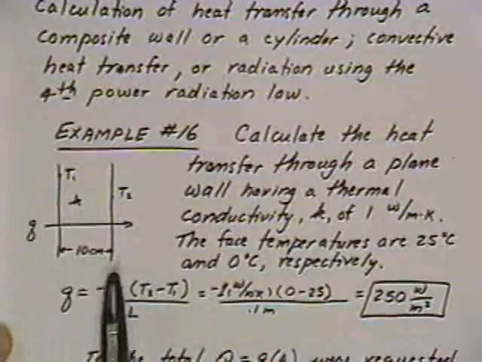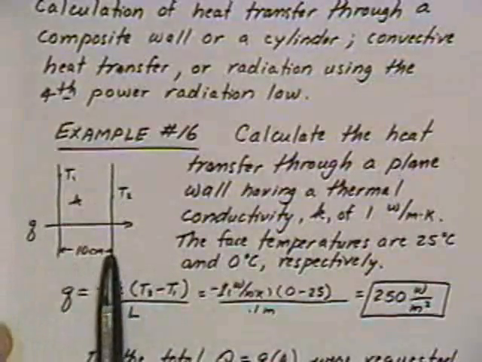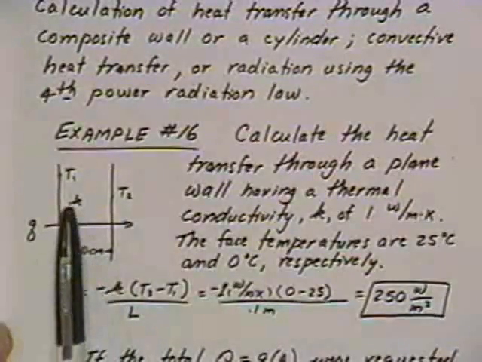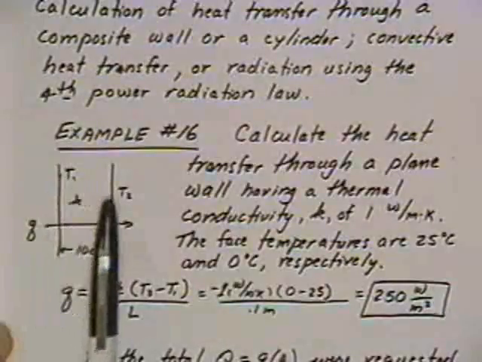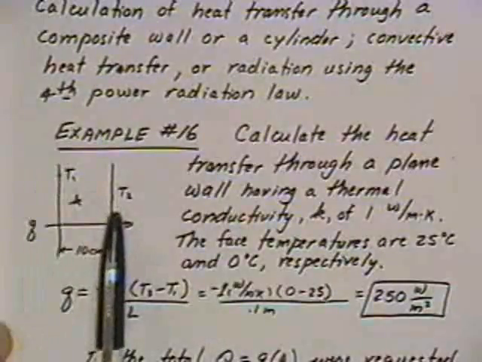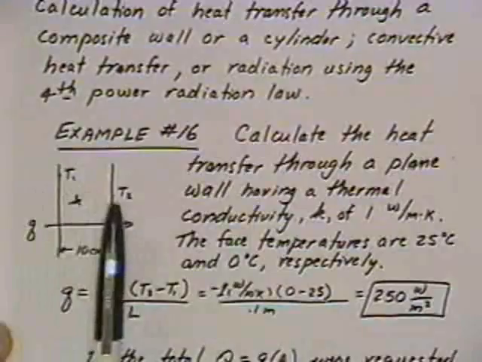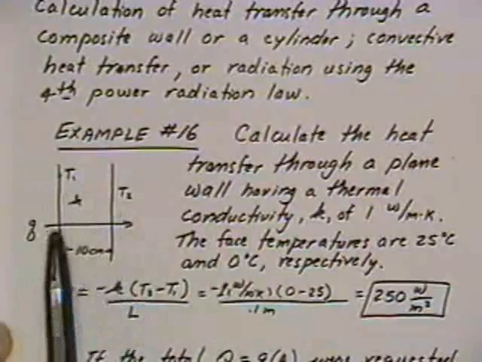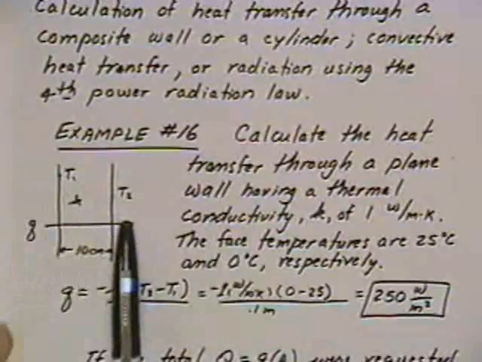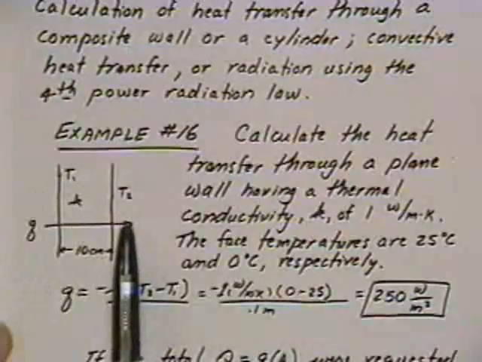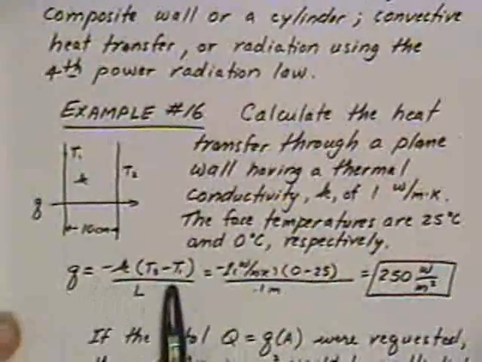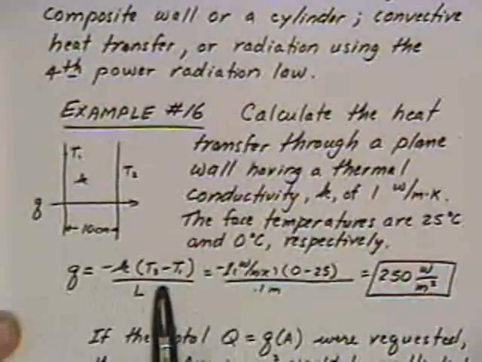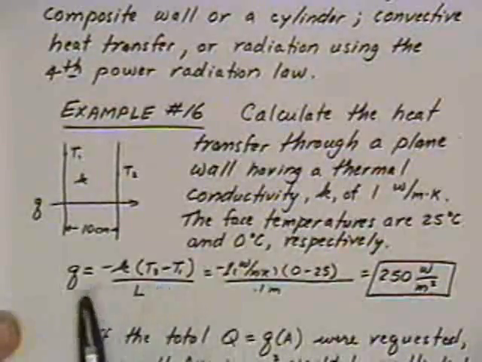So in this particular case, we've got a 10 centimeter thick wall that has a thermal conductivity k of 1 watt per meter Kelvin, and we've got 2 temperatures, T1 and T2, that are 25 degrees and 0 degrees respectively. The direction of the heat transfer is from the high temperature to the low temperature, and so we've got the Fourier equation, or the conduction equation, on a per unit area basis.